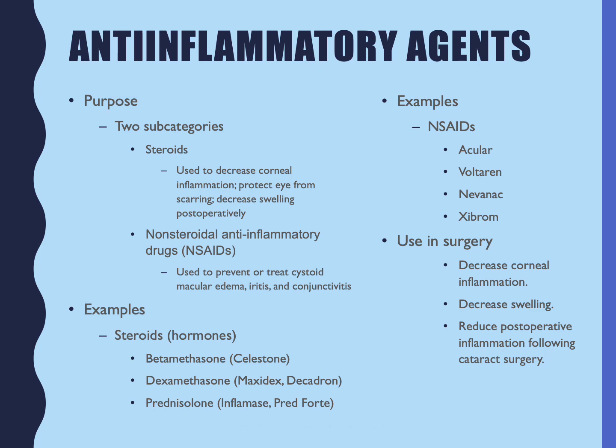All right, we are making our way through the various agents. We just have a couple categories left, and here I want to talk about anti-inflammatory agents. There are two categories that we use in ophthalmology, and they include steroids and non-steroidal anti-inflammatory drugs, NSAIDs.